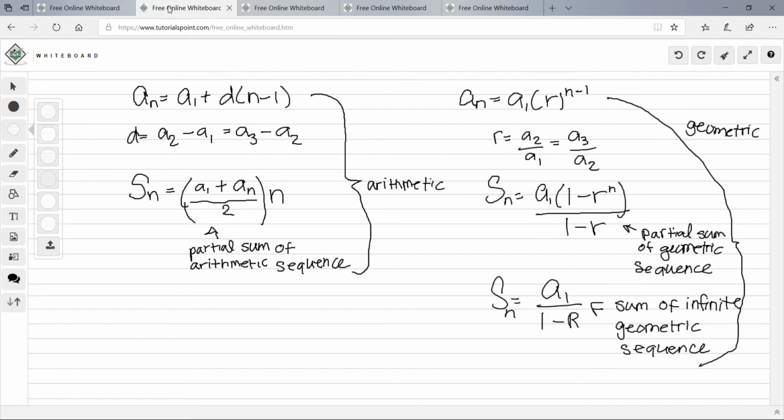So it's going to be this equation, right? The sum, it's going to be this one, S of n equals first term over 1 minus ratio. So let's use that formula.